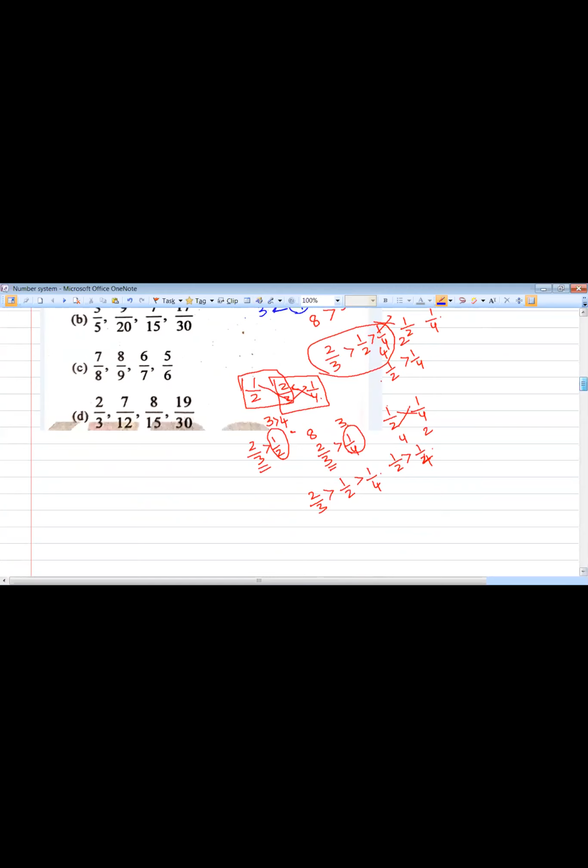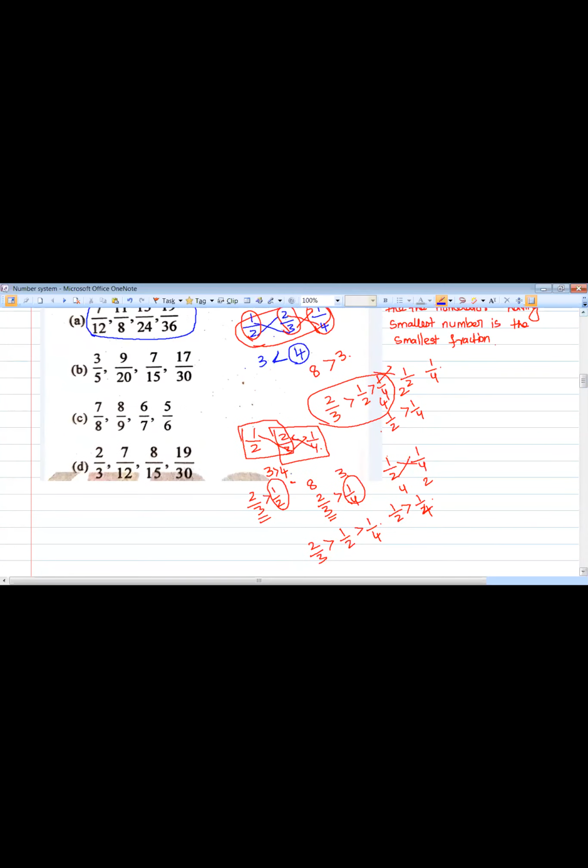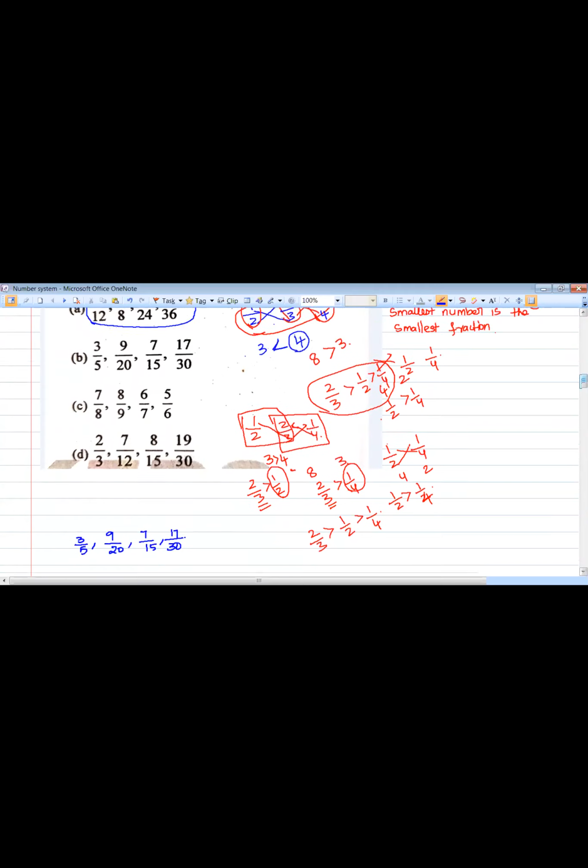So let me start from B. Question number B: 3 by 5, 9 by 20, 7 by 15, 17 by 30. Okay, don't worry, Aswant, you take it as homework and then solve it. Let me start from B.